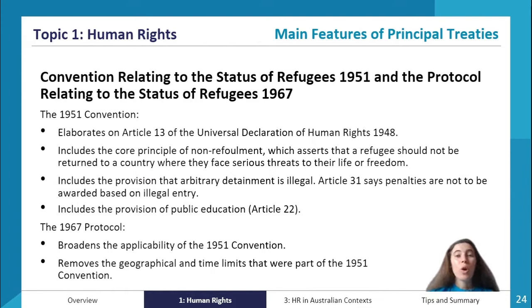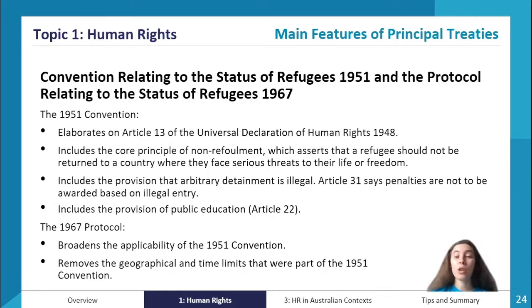So, a little bit more of an overview of each of these. So, the 1951 Convention elaborates on Article 13 of the Universal Declaration of Human Rights. So, as I mentioned before, we do have overlaps between different treaties, protocols, conventions, all of the different words we can use to describe them.